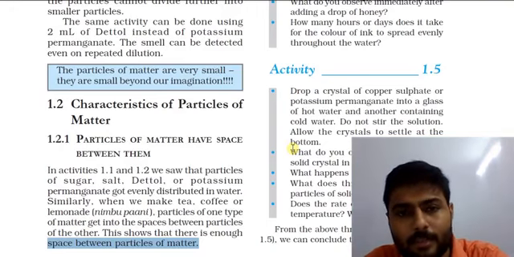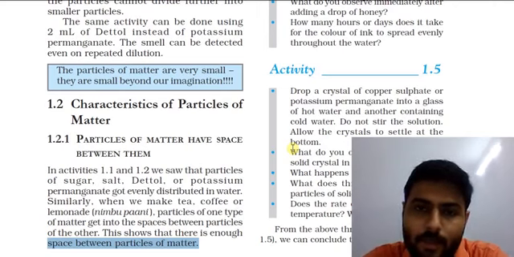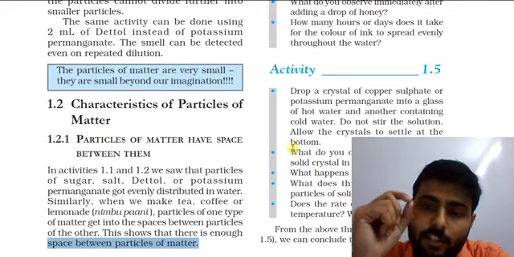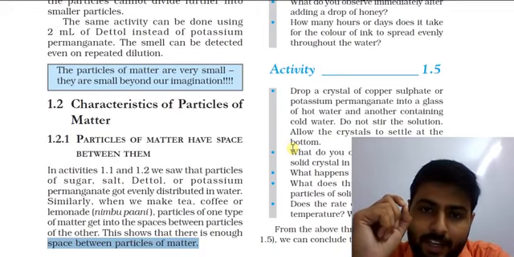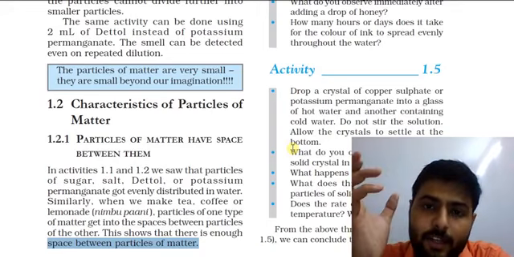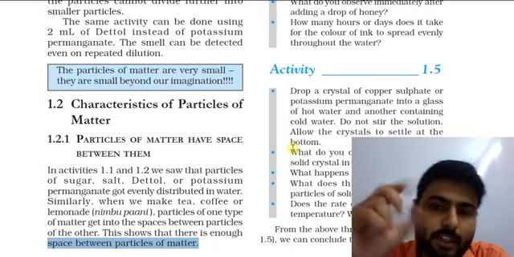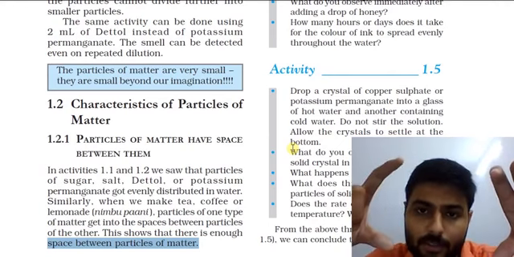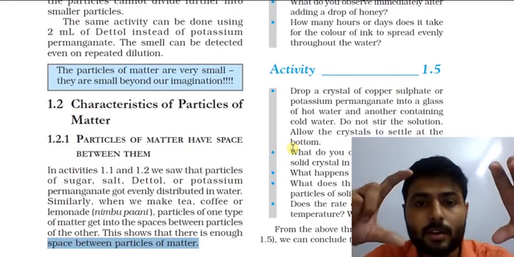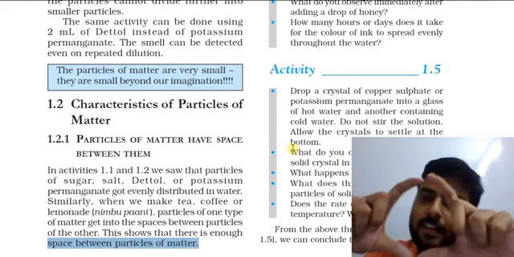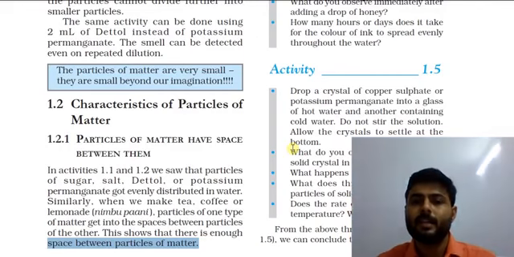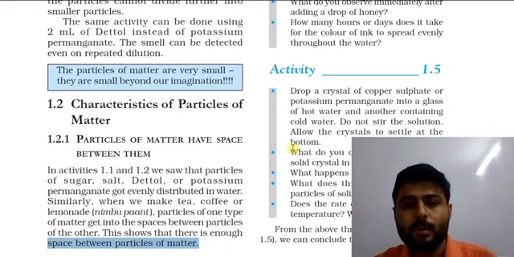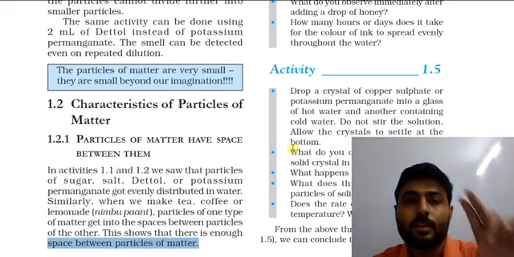We can see that as time passes, the crystals of potassium permanganate will dissolve into water. In both glasses they dissolve, but in the glass with hot water it will dissolve faster compared to the cold water.